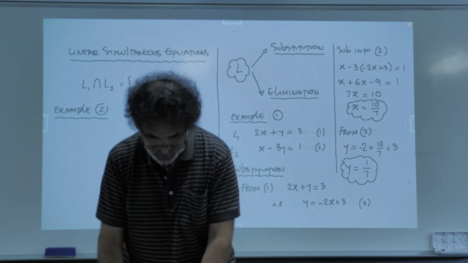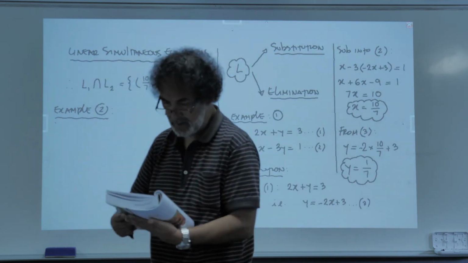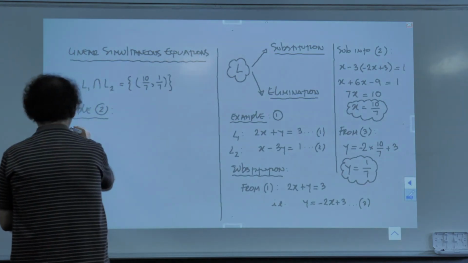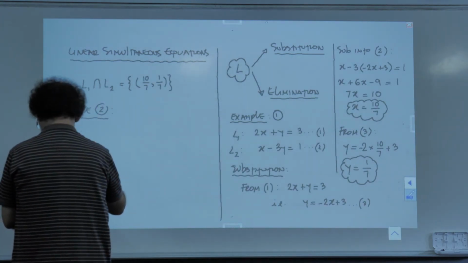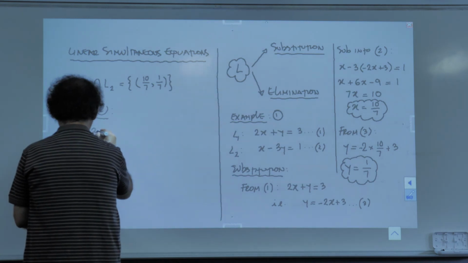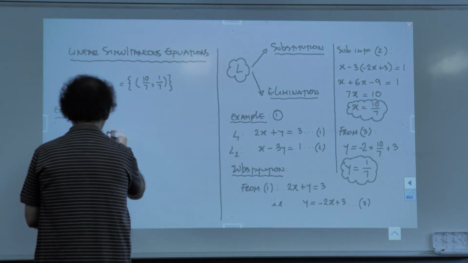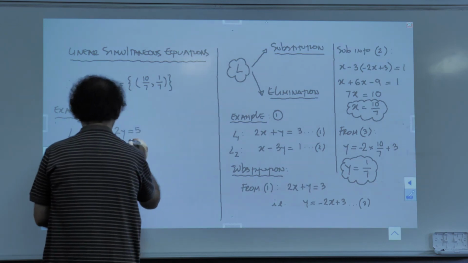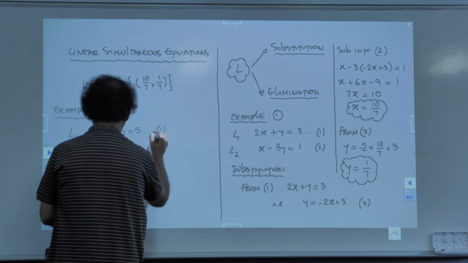All right, so I want you to do this one. Line 1 is going to be the line 3x plus 2y equals 5. You can call that one.